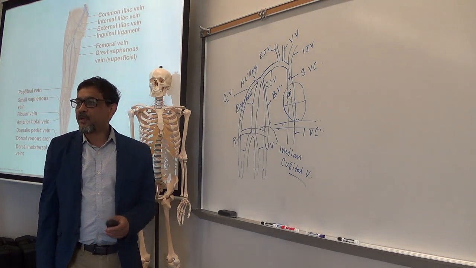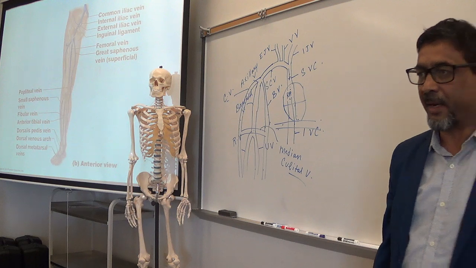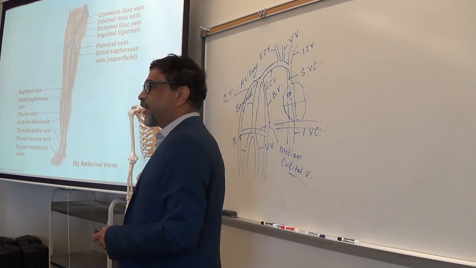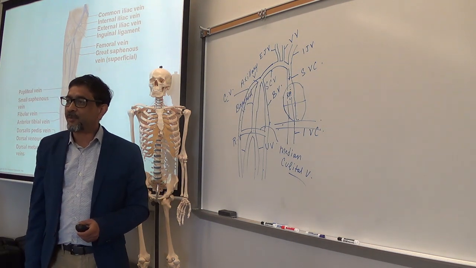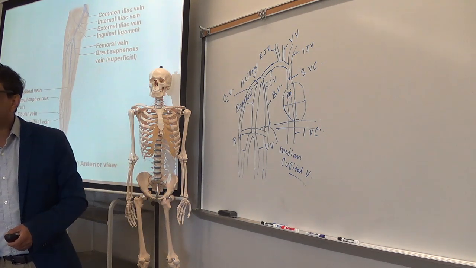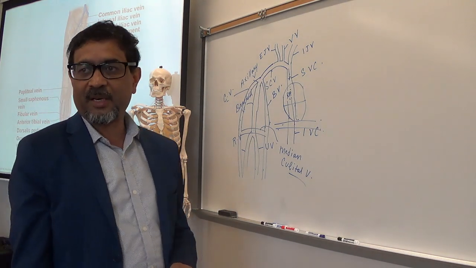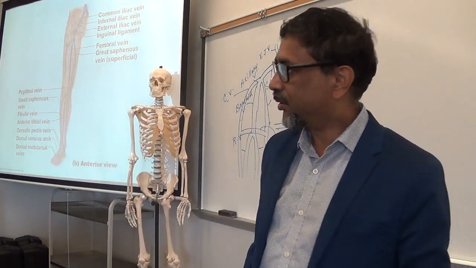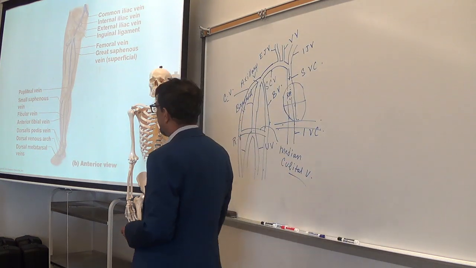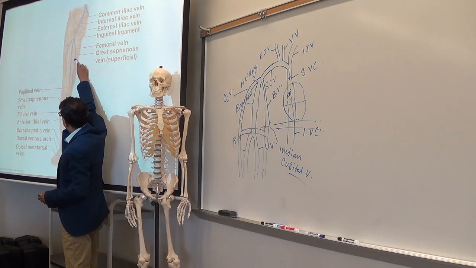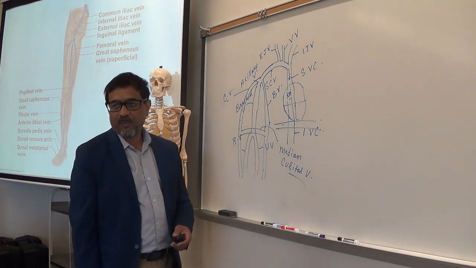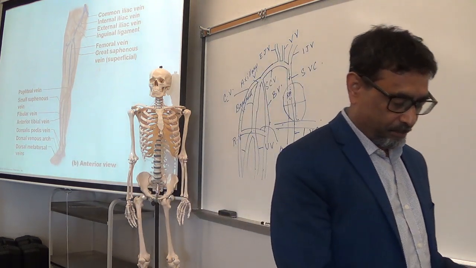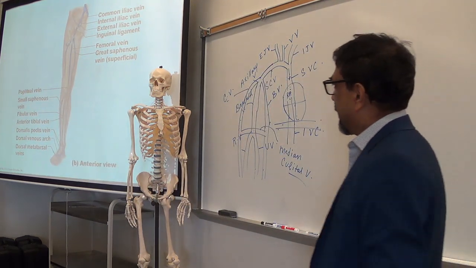From the upper part of the femoral, the longest vein of the body arises. That is the great saphenous vein. From the upper part of the thigh, it goes all the way to the foot. That's why it is the longest vein of the body. The great saphenous is a superficial vein, not very deep. Femoral is a deep vein.